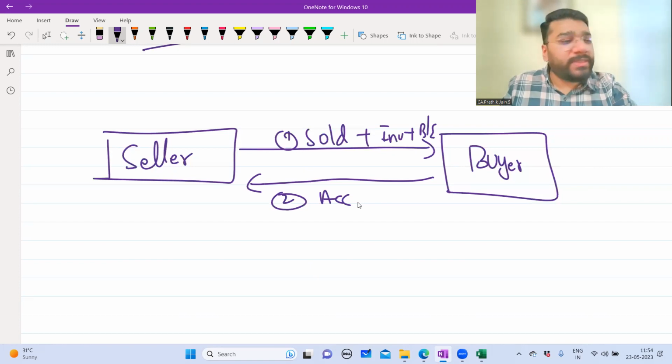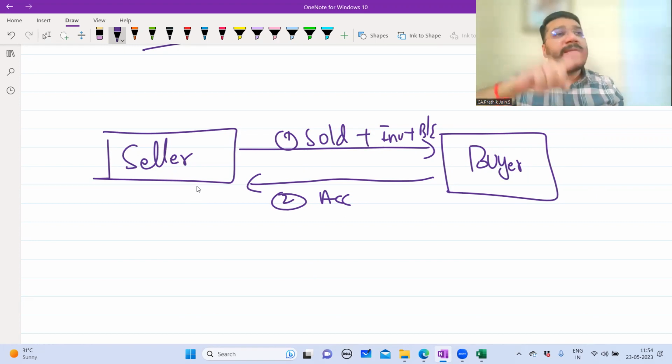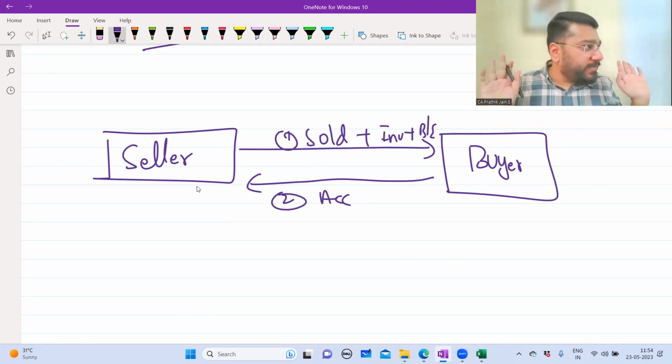So acceptance also is done. Now in this transaction, the seller will hold the bill with himself till the date of maturity, and on the date of maturity, the seller will present the bill to the buyer and the buyer will make the payment. Very simple case.